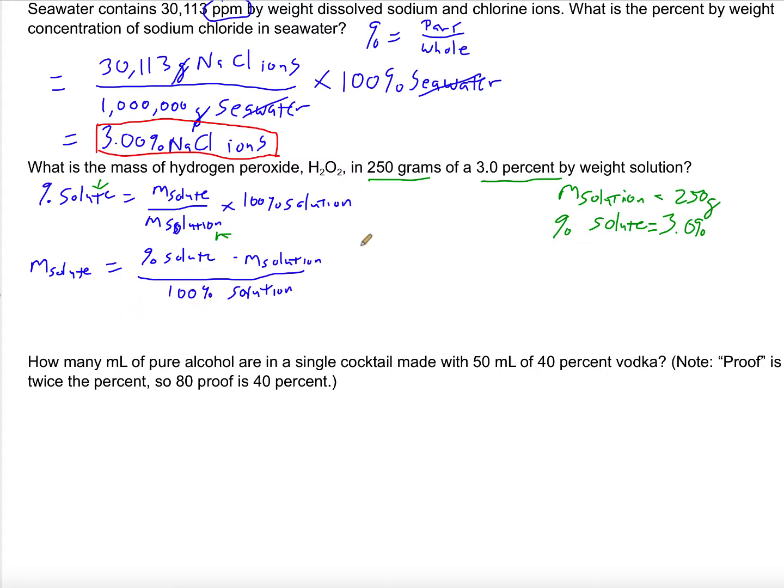We put those numbers in: the percent of the solute was 3.0%, multiplied by the mass of the solution, which was 250 grams, divided by 100% solution.